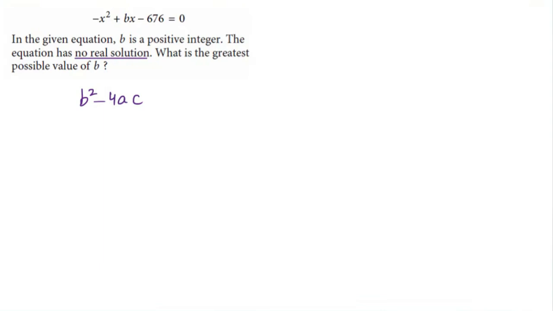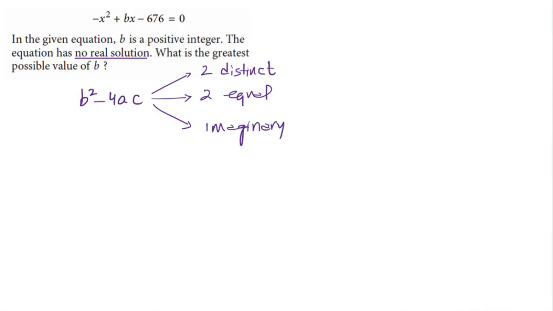What does a discriminant do? It gives you the nature of the roots of a quadratic equation, and a quadratic equation's roots have three possible natures. You can either have two distinct roots, or two equal roots, or imaginary roots. The question can be asked in three possible ways. Here they are saying no real solution.